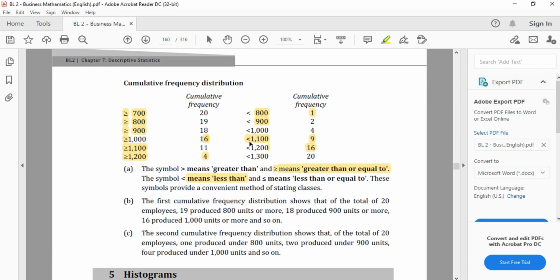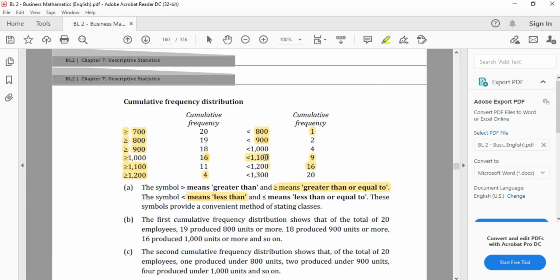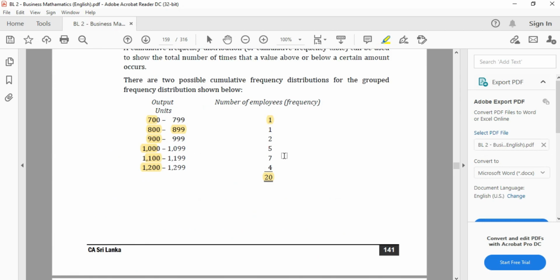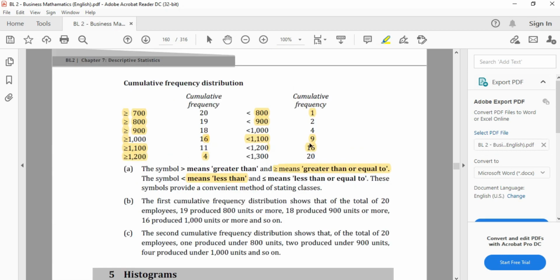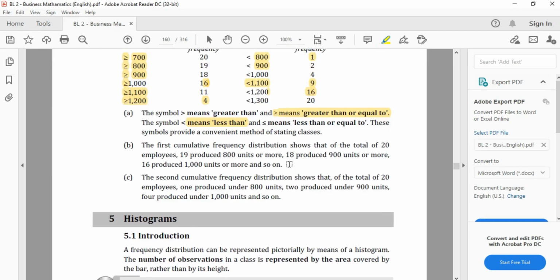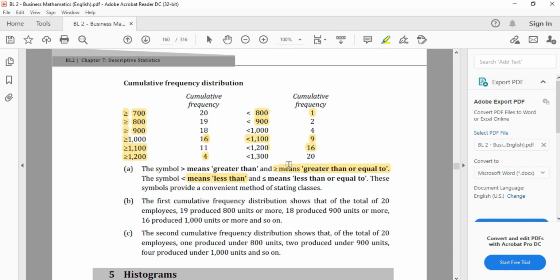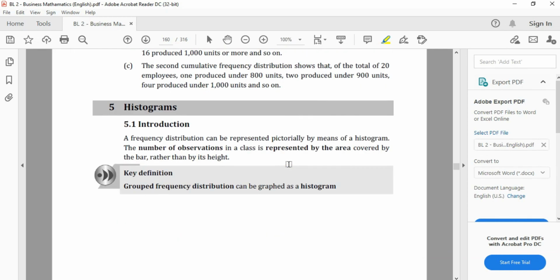And how many employees produced less than 1100 units is this set above: 5 plus 2 plus 1 plus 1, 7, 8, 9. So that's how the numbers came in here. Fine, with that we finish cumulative frequency distribution.